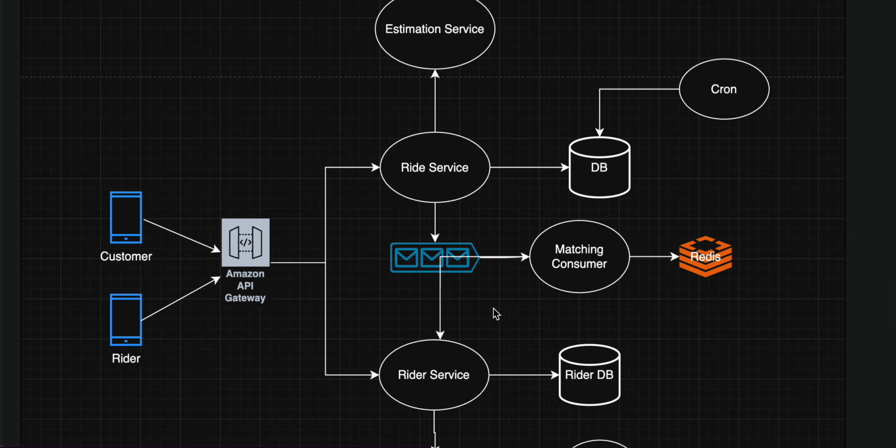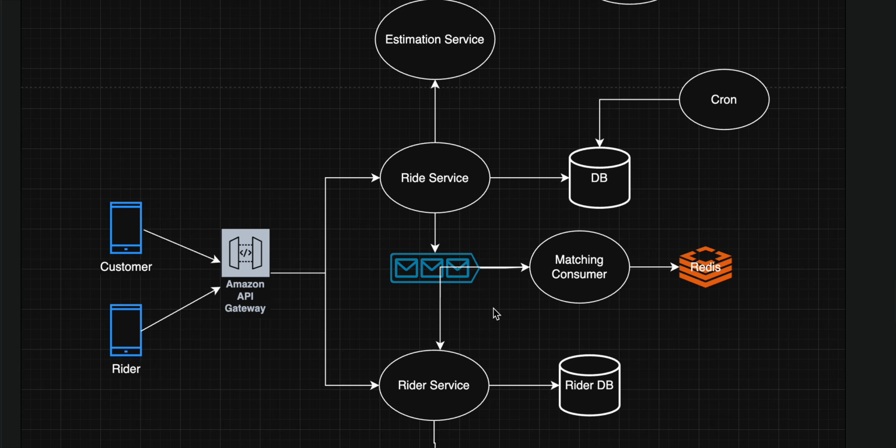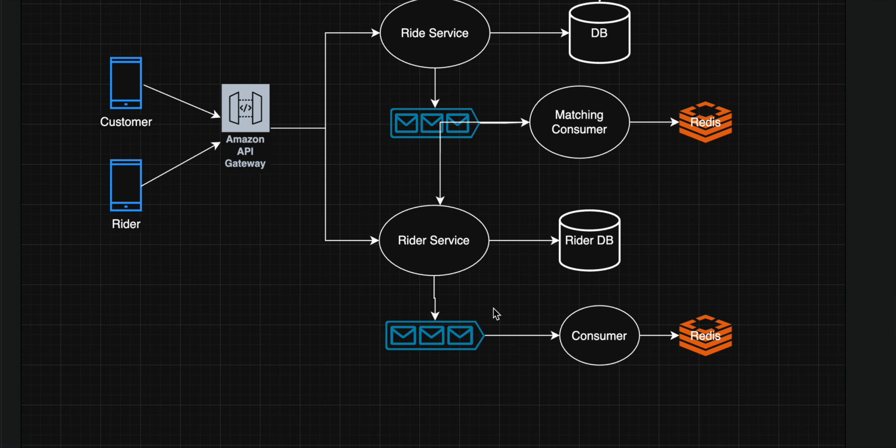We'll inform the customer also. Like this, our ride is created, and the rider can go to pick up that customer. So this is the complete flow. I hope you get the understanding of how we are booking rides.